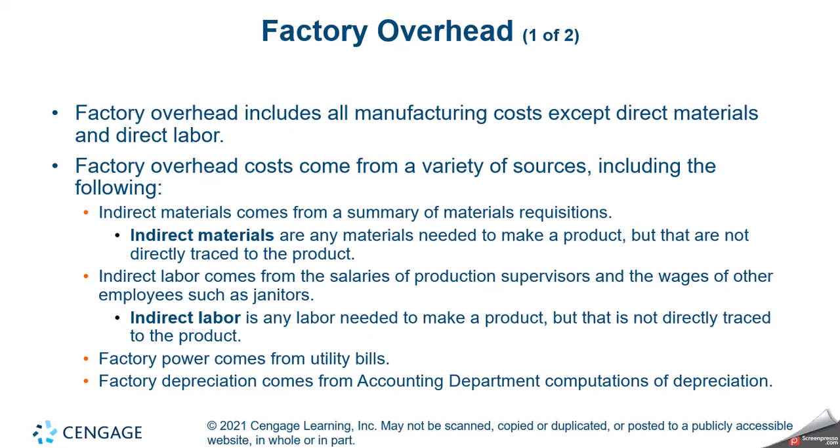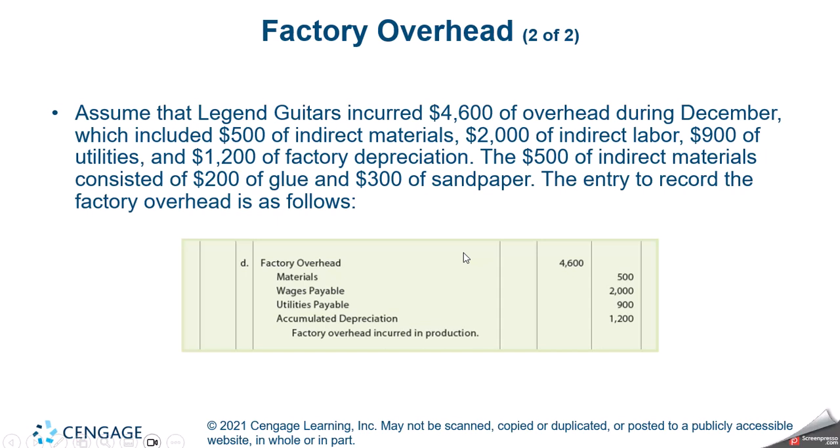Indirect labor, so again, not people who are touching the product and making it, but the people outside of that. So they're production supervisors, maintenance people, and then all of our electric bills and our gas bills and any depreciation of that equipment. All those things are going to be included in our factory overhead, property taxes on the plant, all that stuff.